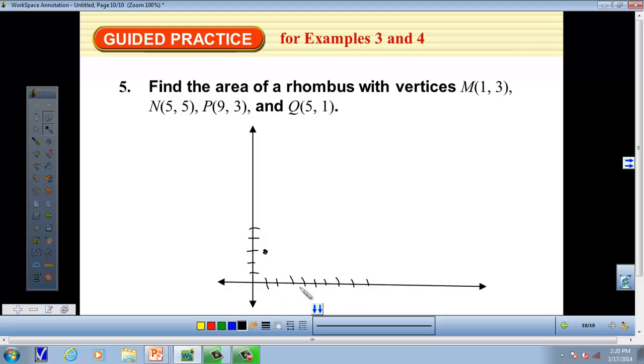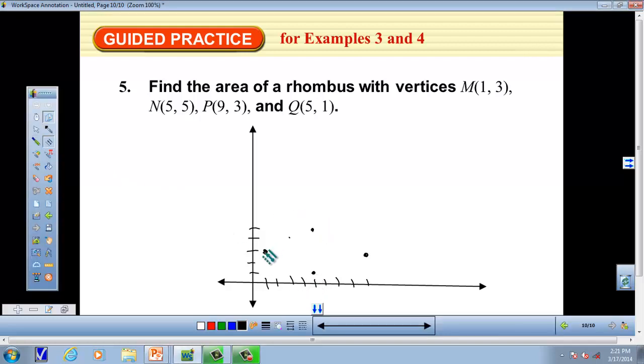We've got 1, 2, 3, 4, 5 here. 9, 3 here. And 5, 1 here. Whoops, I'm off a little bit. 1, 2, 3, 4, 5 here. And 5, 1.